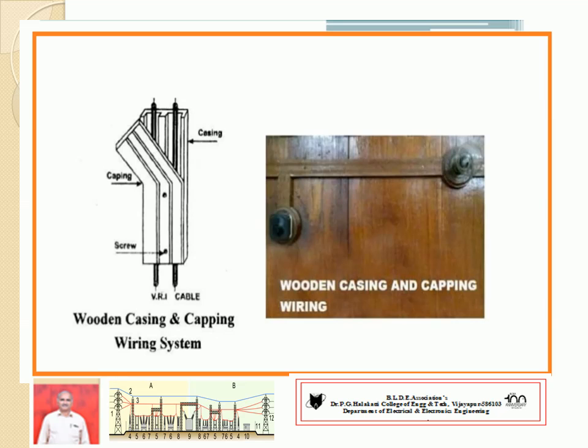In earlier days, this wooden casing and capping type of wiring was more popular. You can view here the casing and capping where the conductors are placed along with some surfaces of the wooden parts. You can view that.